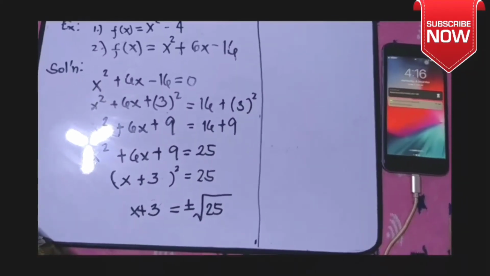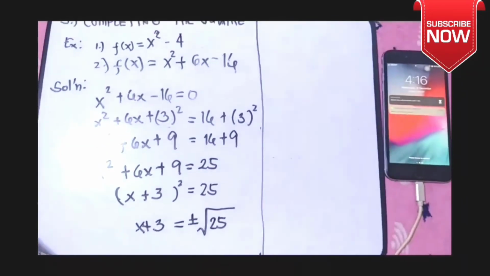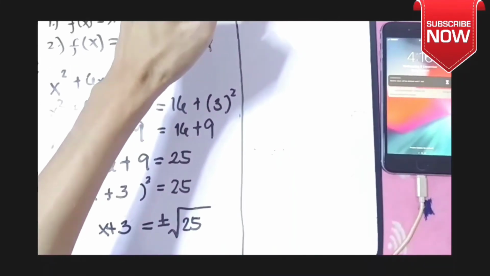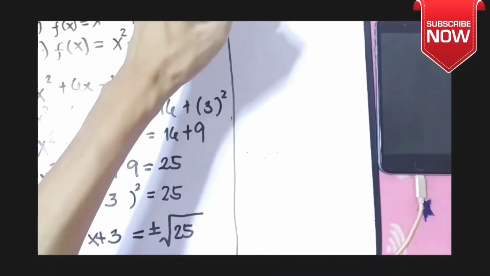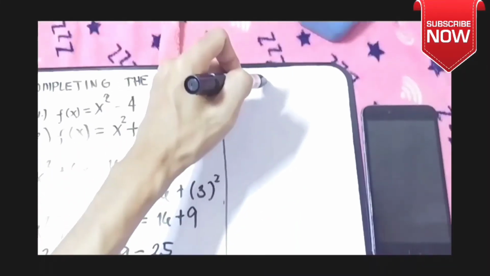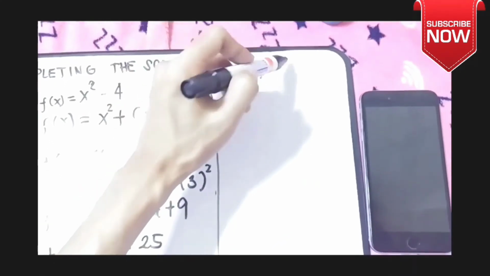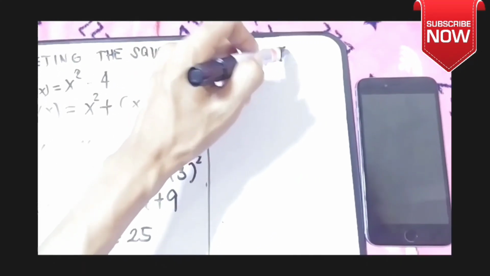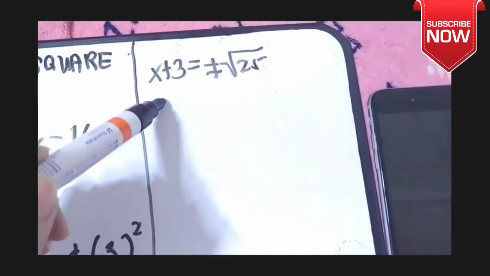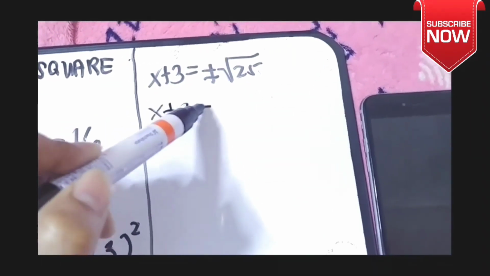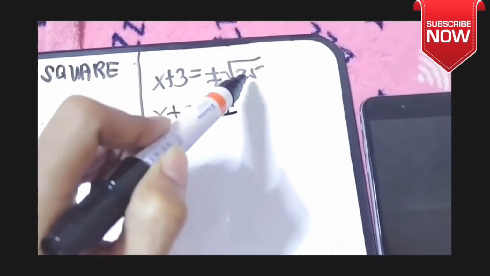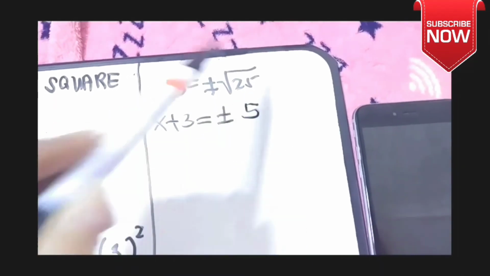So, ang susunod na gagawin natin ay extracting the square root. So, from the given x plus 3 equals positive, negative, square root of 25. Okay? So, x plus 3 equals plus minus square root of 25 is 5.